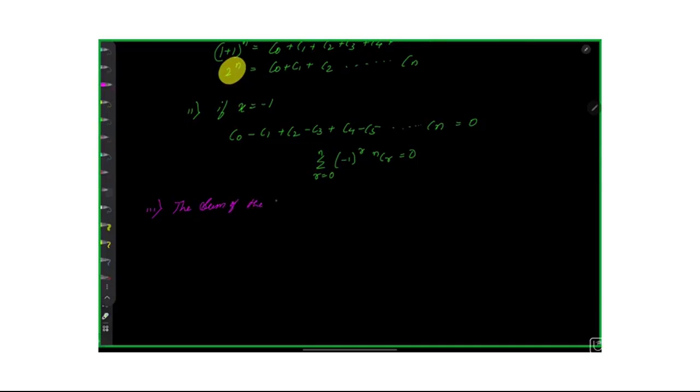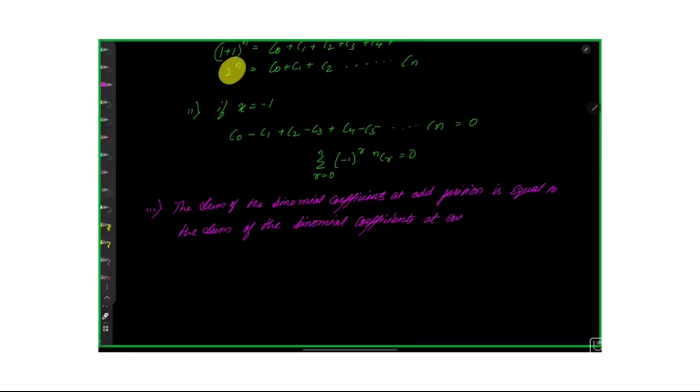of the binomial coefficients at odd positions is equal to the sum of binomial coefficients at even positions, and each is equal to half of the total sum of all the coefficients.